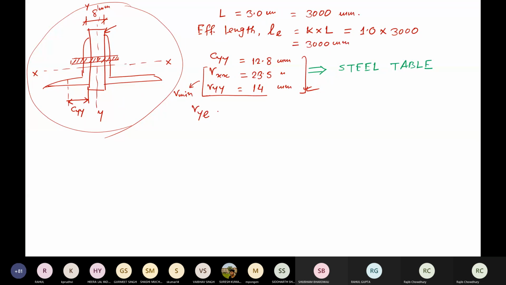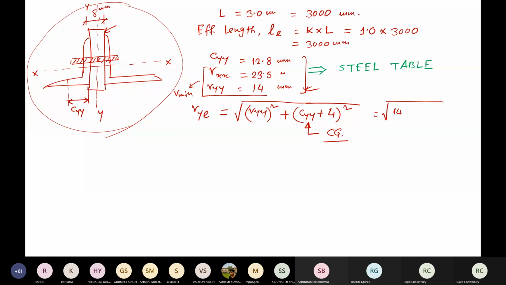So what would the effective R minimum be? Square root of RYY squared plus CYY plus 4, the whole squared. CYY means the centroidal position. So from here, square root of 14 squared plus 12.8 plus 4 whole squared.